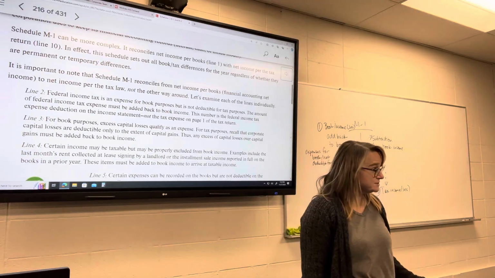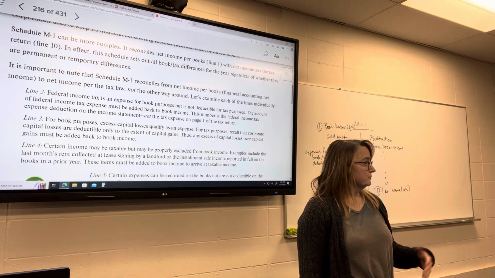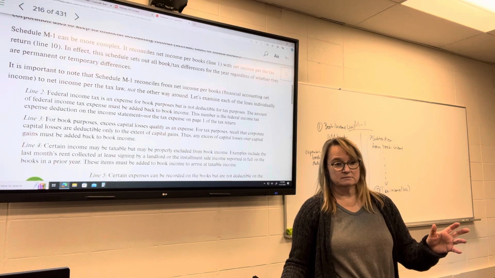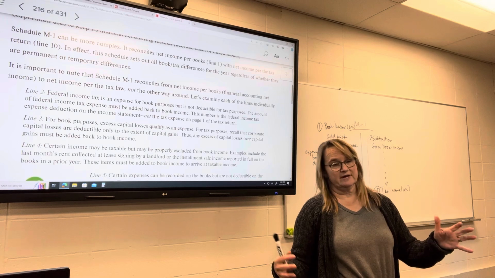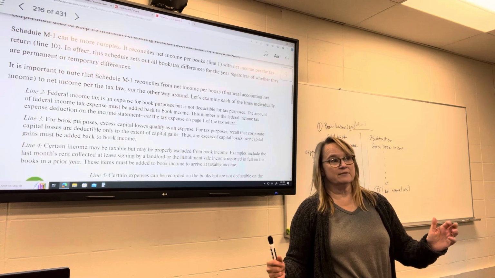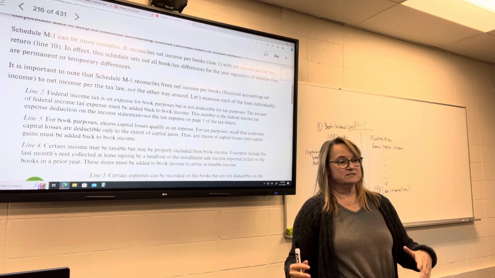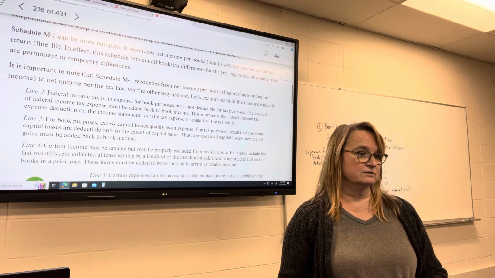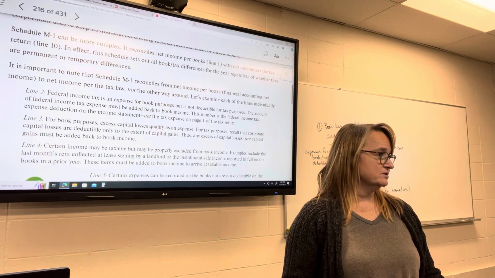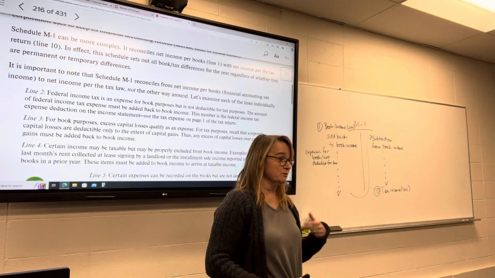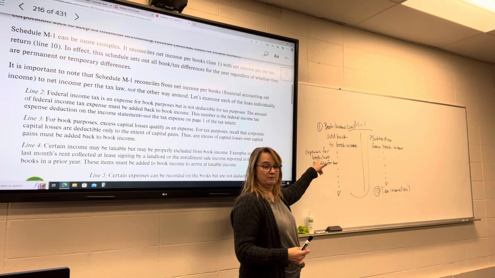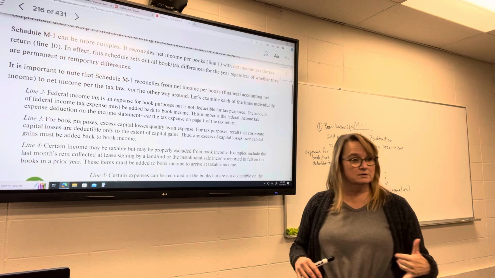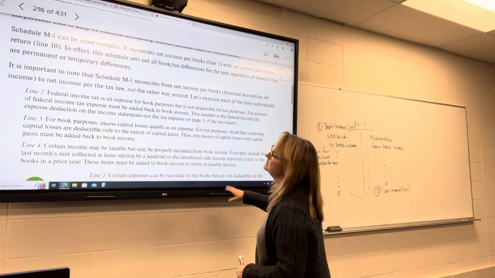So if we had a loss for book purposes, we have a piece of equipment or some sort of asset that has a basis of $10,000 and we sold it for $5,000. Well, we would have a $5,000 loss, and that would be an expense that would reduce our net income for books. Well, it doesn't though, it's not deductible. Those losses aren't deductible for tax purposes.